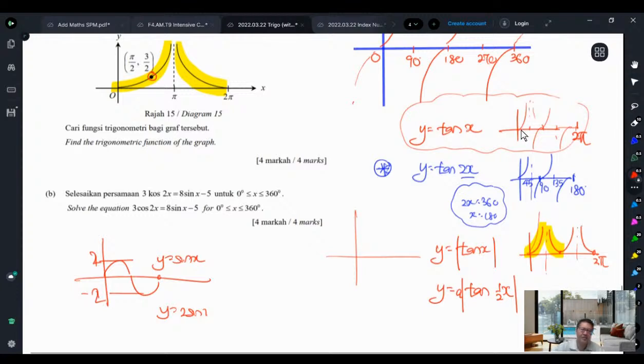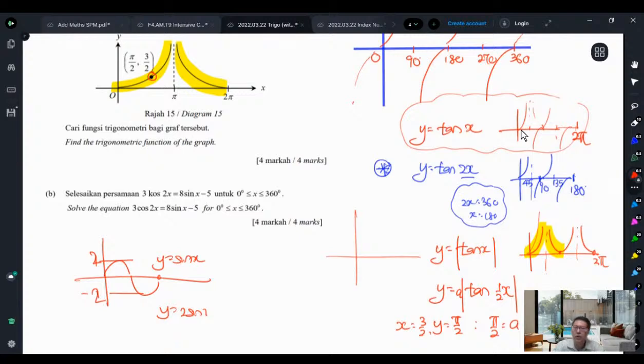Everybody can understand? Okay, so I will put in when x equals 3 over 2 and y is pi over 2. Pi over 2 equals a tangent 3 over 4. Okay, let's press the calculator.